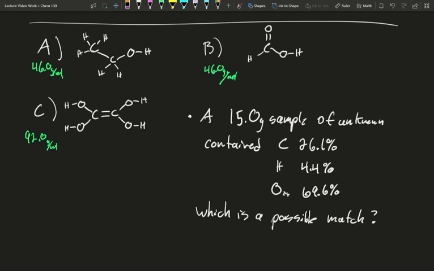Fancy molecule names aside, I have 15 grams of this sample that were sent out. It was processed, and they came back and said that I had 26.1% carbon, 4.4% hydrogen, and 69.6% oxygen. So we're going to find which of these is a possible match by empirical formula.